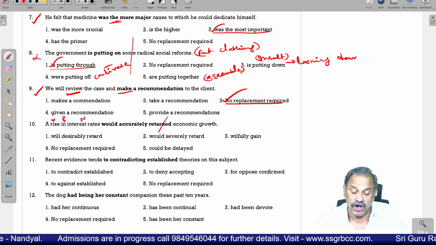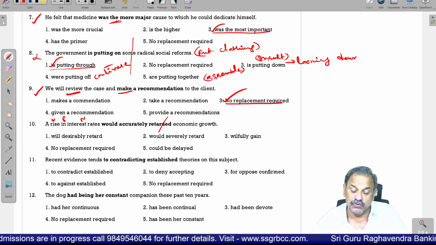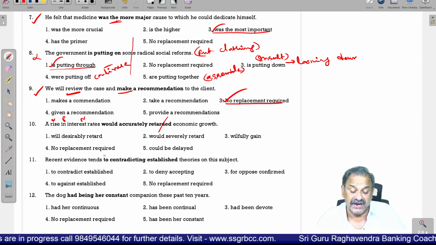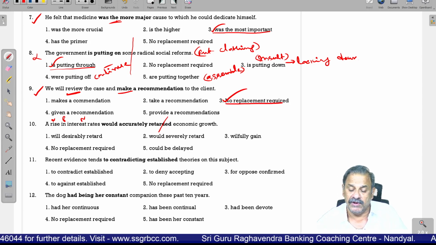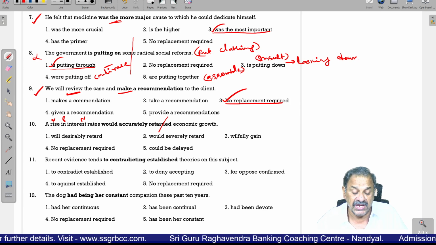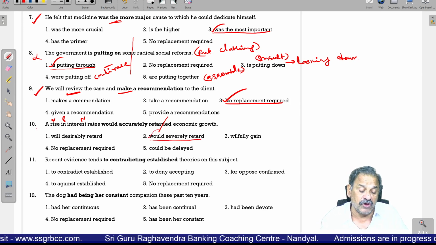We should not use retarded. We have to use retard. Then first one may be correct, second one may be correct. Required, delayed, we should not use. So would accurately retard. Would desirably, no. Accurately means severely. So which one is correct? Second one is correct. This is also as per the grammar point.